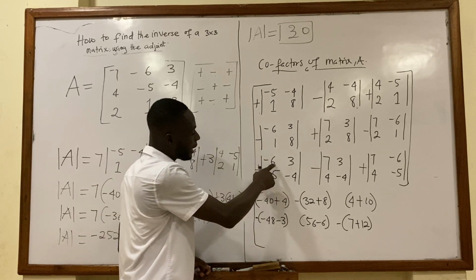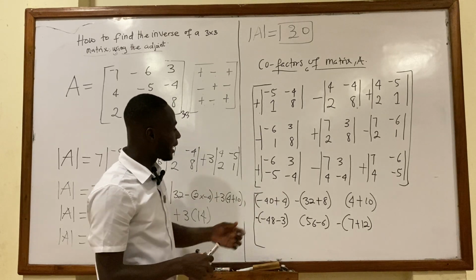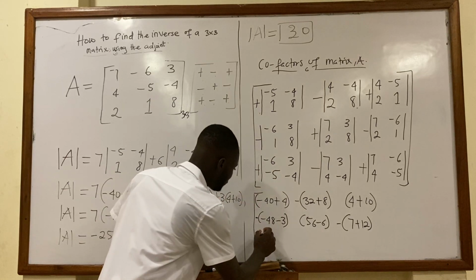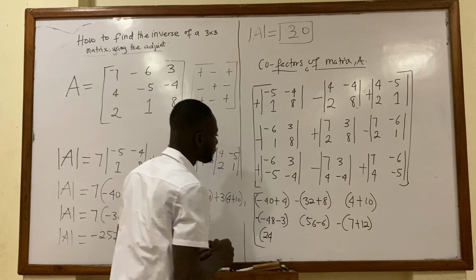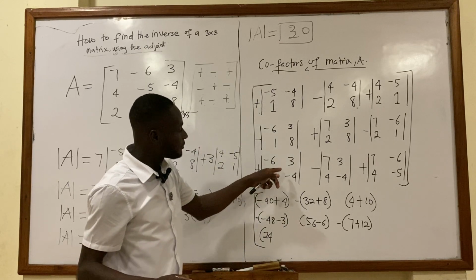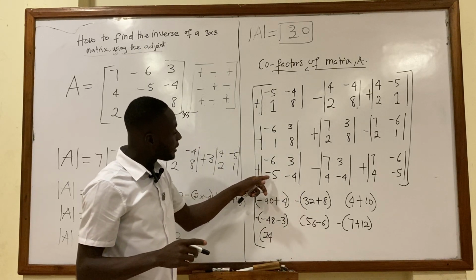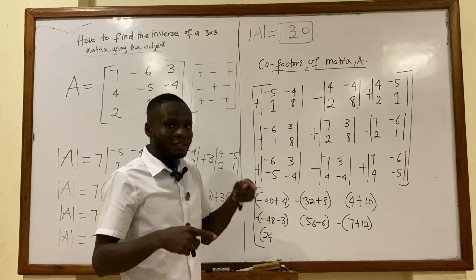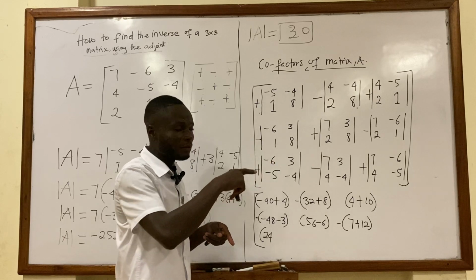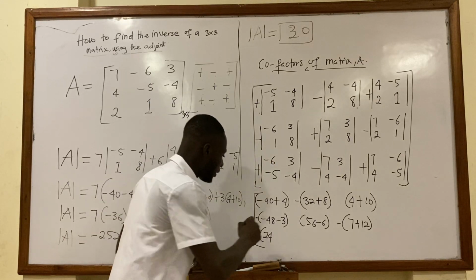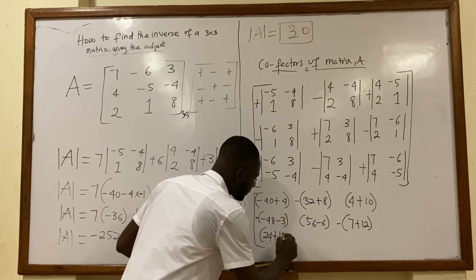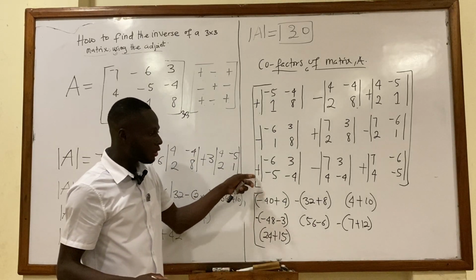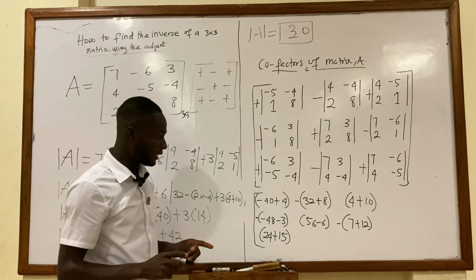So 4 times 6 is 24, but they are all carrying negative, so it's going to be positive 24, right? And then 5 times 3 is 15, but the 5 is carrying a negative sign, so negative times that negative already there on that diagonal is going to be positive, so we have plus 15. Then this element is already positive, so that doesn't affect it anymore.